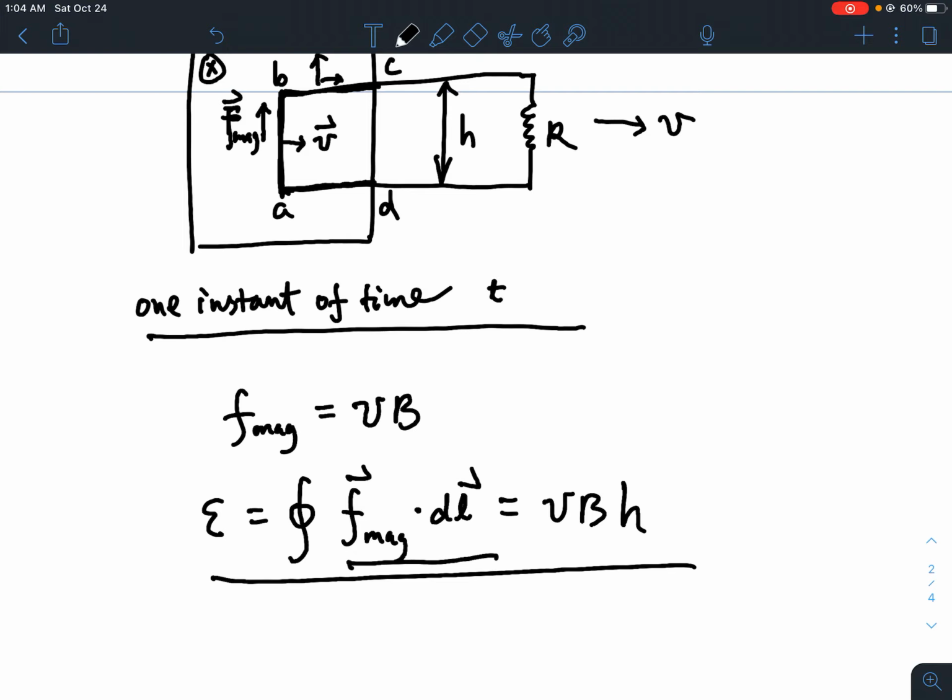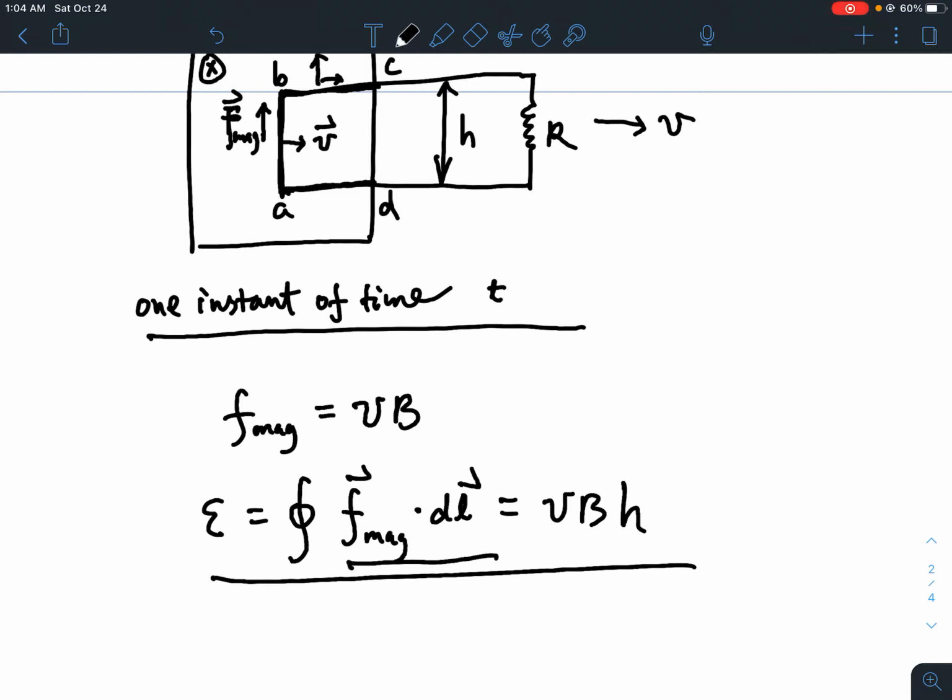Now we also remember what we mentioned before. The magnetic field is not doing any work. We said that magnetic forces never do work.